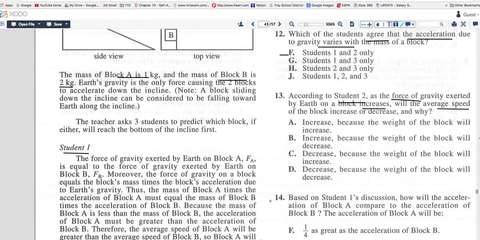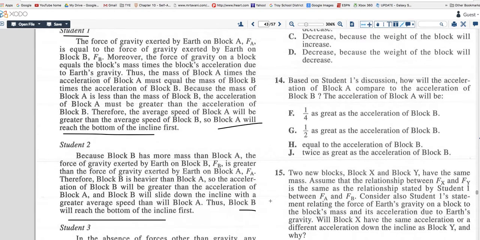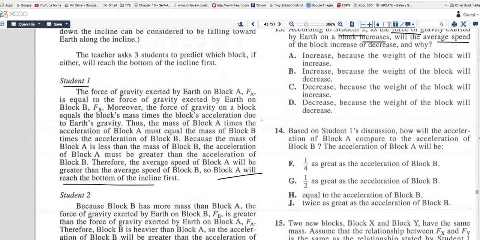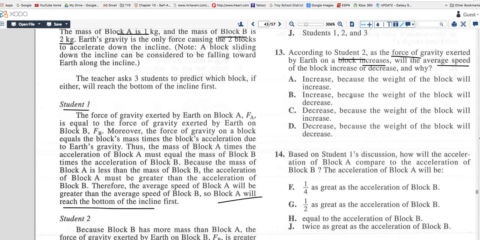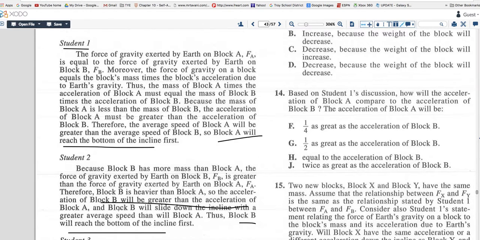It's A because student 2 says that if the mass is greater, then it goes faster, so it would increase because the weight of the block is bigger. Good. Yeah, these underlinings are not that good, but you guys can still read. So, what is the question asking again? It's saying, as force of gravity increases, what happens to average speed? So they're saying block B will be greater than the acceleration.